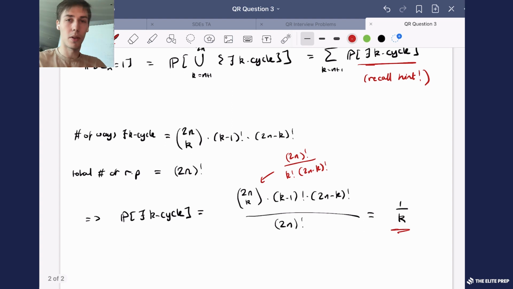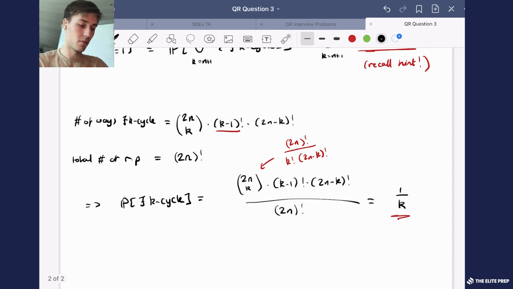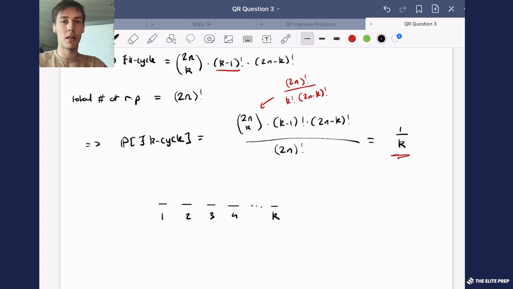Okay, now I'll quickly return to this k minus 1 factorial. So if we have k elements, right now we can assume those k elements are just labeled 1 through k. Then if we want to create a k cycle from these k elements, then the first element has k minus 1 choices, because it cannot be itself.